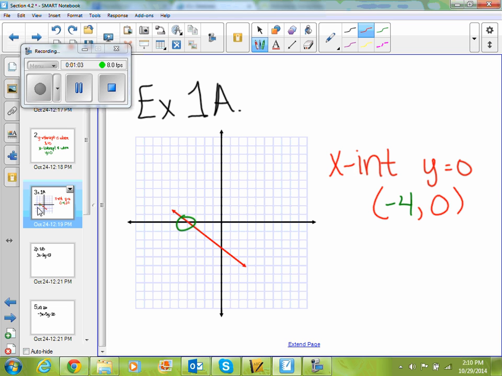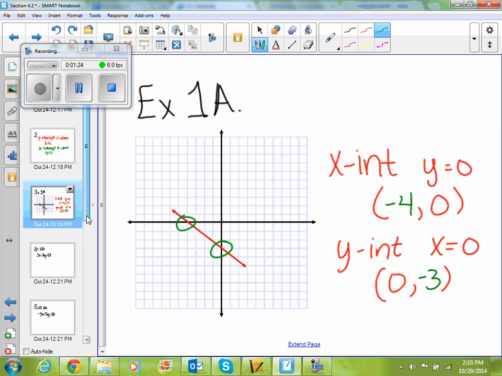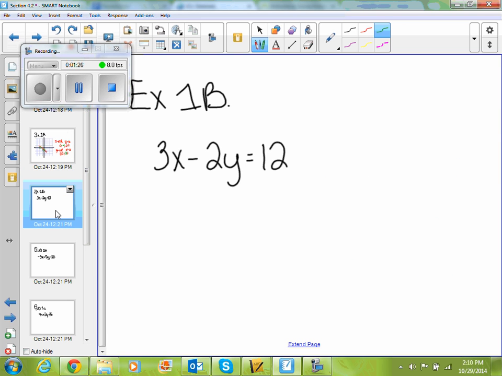For my y-intercept, x is 0, so I'm going to have 0 something: (0, -3). So identifying from graphs is really easy. You will do some of those today on your assignment.